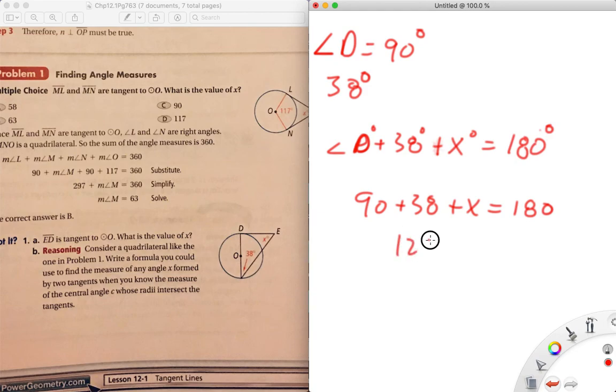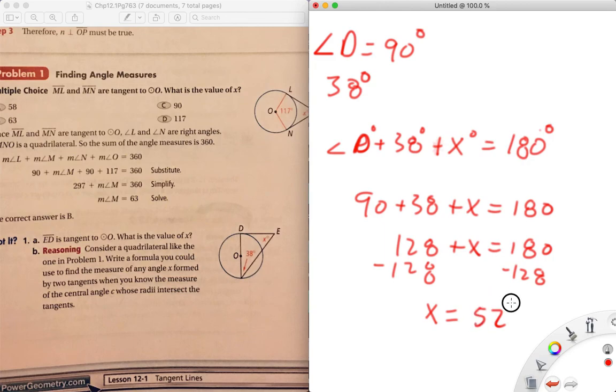That's 128 plus X equals 180. We subtract 128 from both sides, and X is equal to 52 degrees. Pretty straightforward.